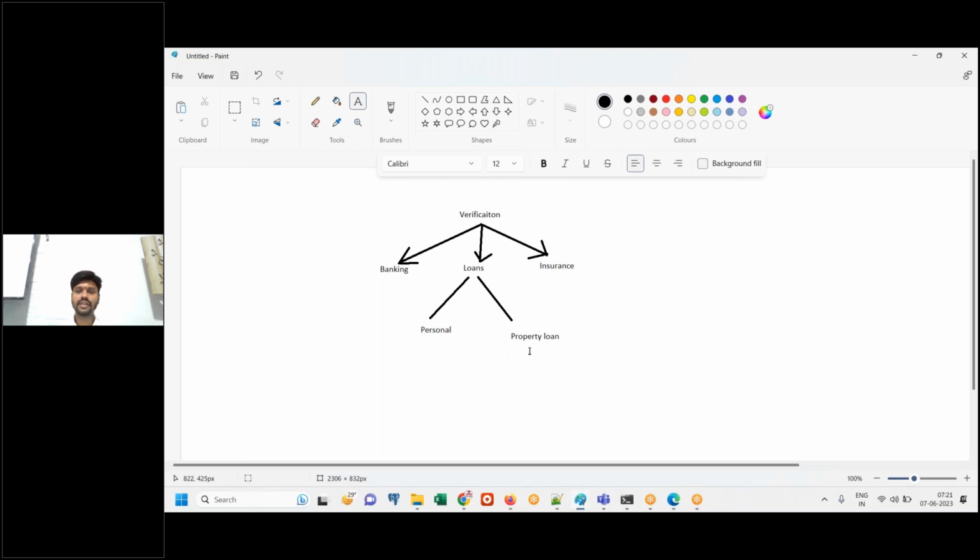Instead of creating in 2 places, you create it here, at loan. Customer details, if you create in the loans class, can be supplied to both the personal loan and property loan classes. So in future, if I introduce, let's say, a loan against vehicle, an auto loan, then I don't need to create the customer details screen. I can use it from the parent class.